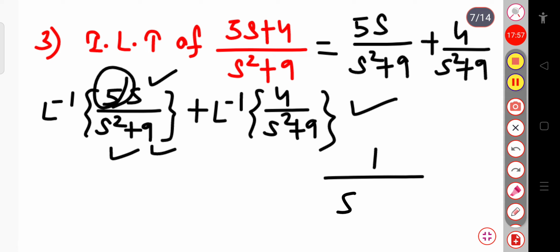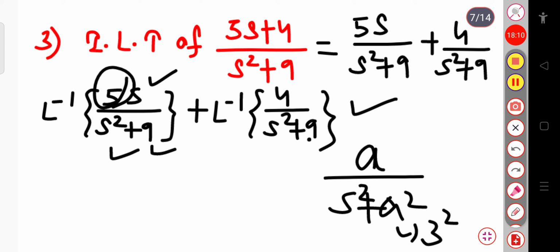This a square is nothing but 3 square. So in this place we have to write a divided by s square plus a square, so that this will be the Laplace transform of a by s square plus a square, which will be sin at.